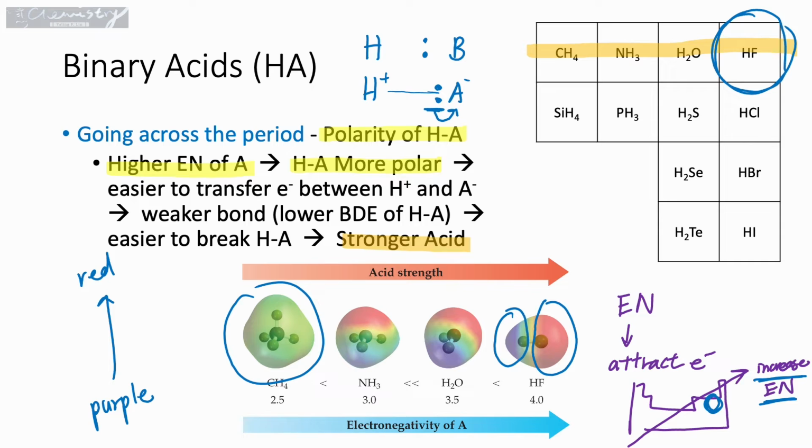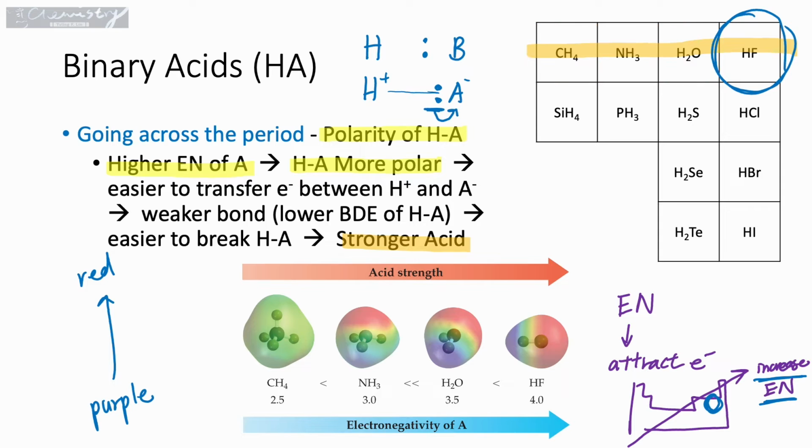But O has a lower electronegativity than F, so its attraction is going to be smaller. And then looking at the extreme case CH4, the electronegativity difference between C and H is very, very small. That's why over here you can see that the entire bubble is green, because the electrons are being shared evenly.